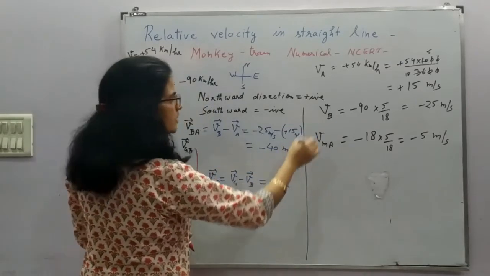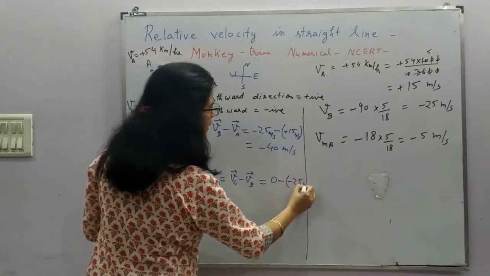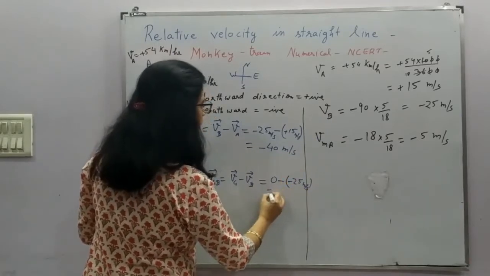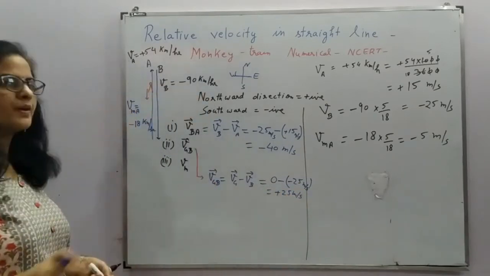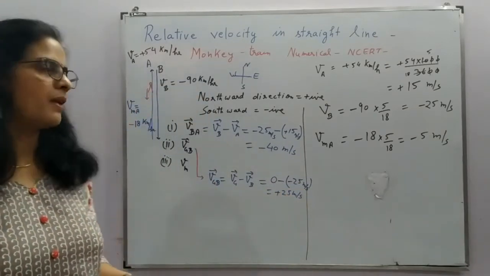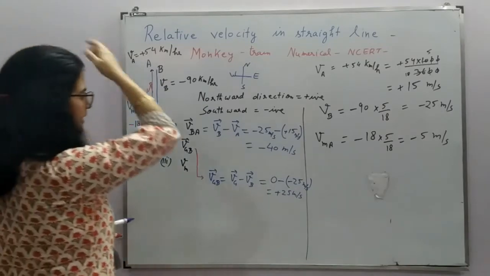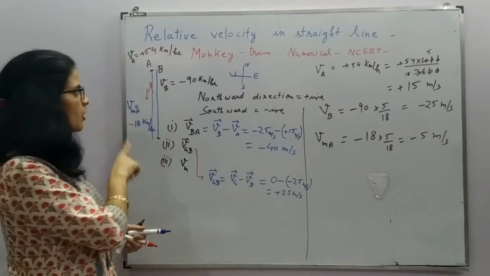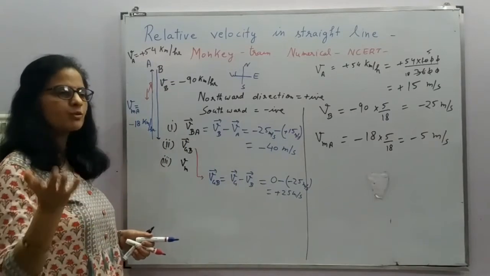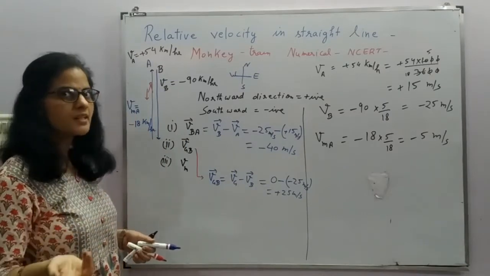Minus VB is how much? Minus 25 meter per second. So this will give us plus 25 meter per second. These two parts were simple. Third part is slightly different, and it requires the concepts of relative velocity, with respect to which it is given, with respect to what it is asked.